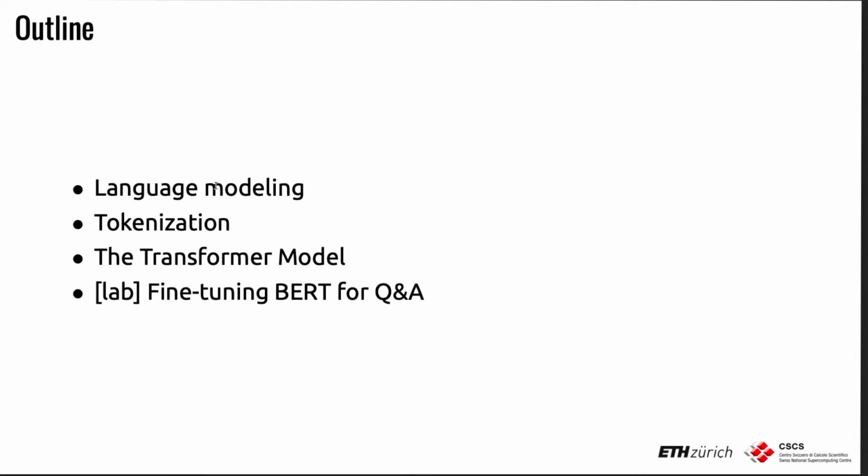And then, as I said, we're going to learn the main components of the transformer model, and we have some notebooks, so we're going to be playing a bit with it as well. And finally, this tutorial here, where we're actually not going to fine-tune BERT itself, but a smaller version of this model, so it's a bit faster to train. Anyway, you're going to see it takes a lot of time.